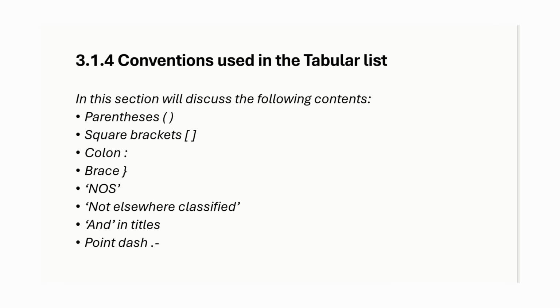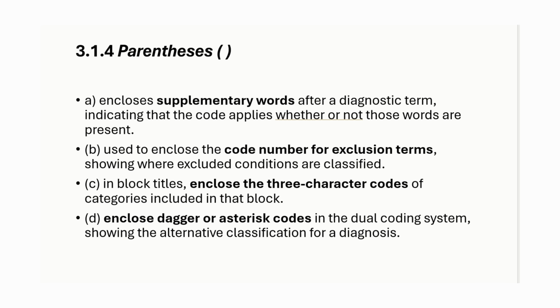Now, there are several conventions used in the tabular list, and we'll discuss parentheses, square brackets, colon, brace, NOS, and point dash in titles. If we start with parentheses, these enclose supplementary words after a diagnostic term, indicating that the code applies whether or not those words are present.